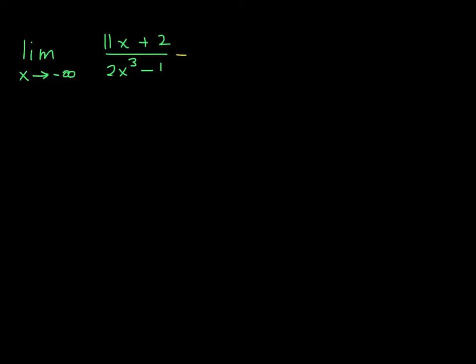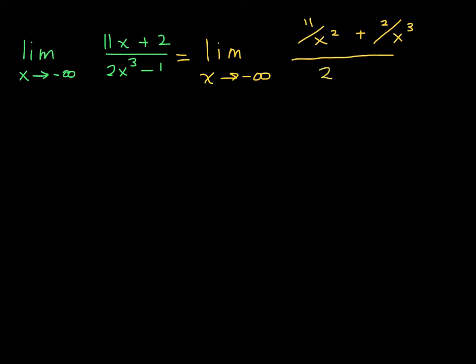So then this is equivalent to the limit as x approaches negative infinity of, all right, folks, let's divide every single term in the numerator and the denominator by x cubed. The first term in the numerator becomes 11 over x squared. And then the second term in the numerator becomes 2 over x cubed. And in the denominator, you have 2 minus 1 over x cubed.